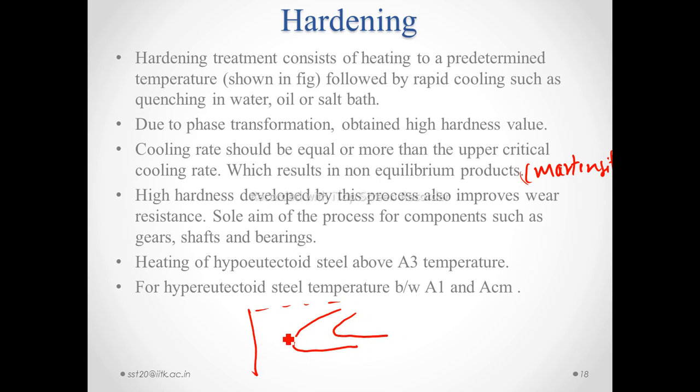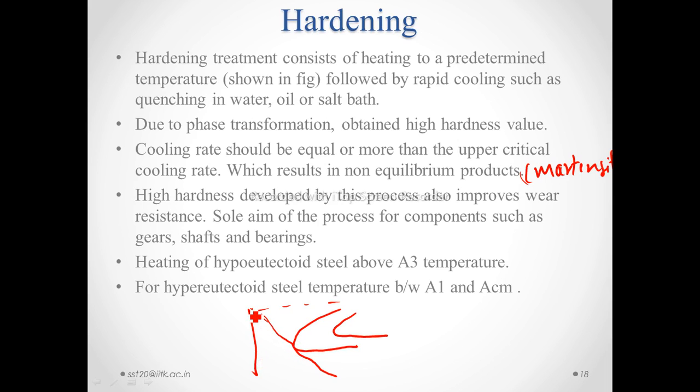I will explain with the help of a TTT diagram. I think I have shown previously in one of the slides that this is a cooling rate. If it is touching this point, this is the critical cooling rate. This is the minimum cooling rate where we can get non-equilibrium products.